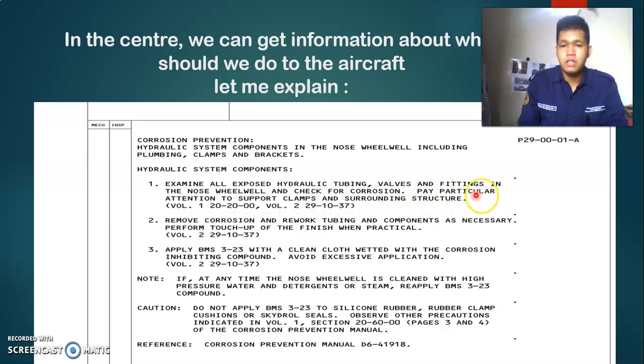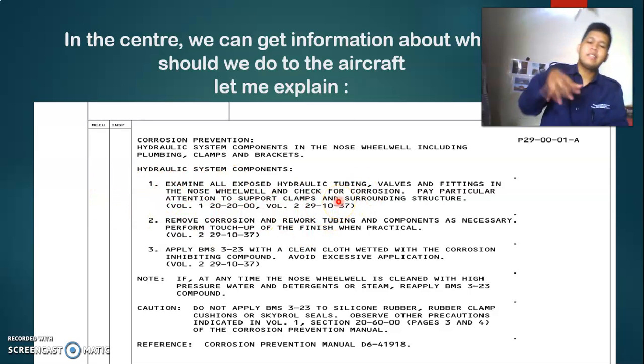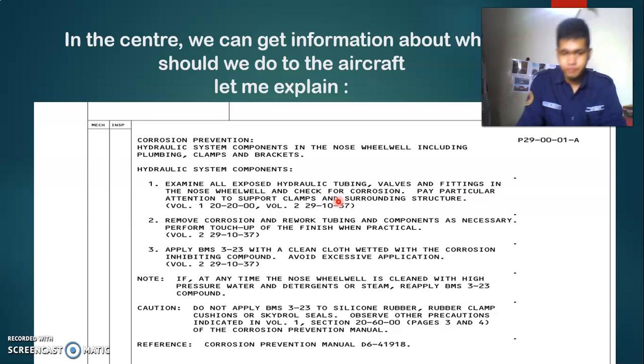Pay particular attention to support clamps and surrounding structure. This is a reference again. The detail we can see in the AMM, or aircraft maintenance manual, or in the job card. In the next slide, I will give a job card about this task card or aircraft maintenance manual.